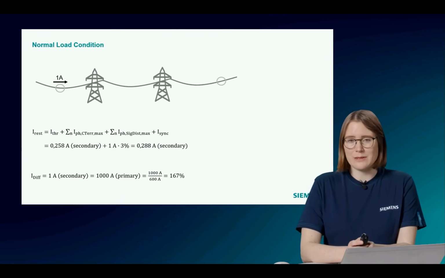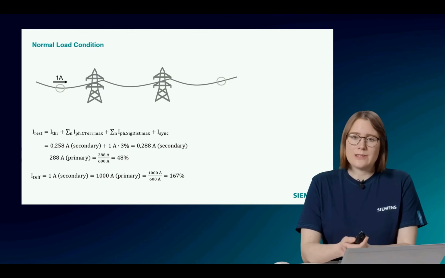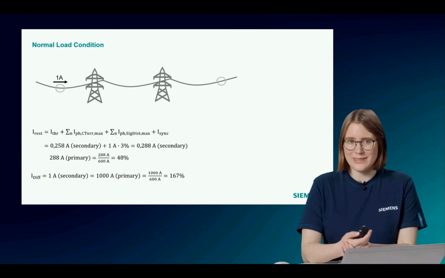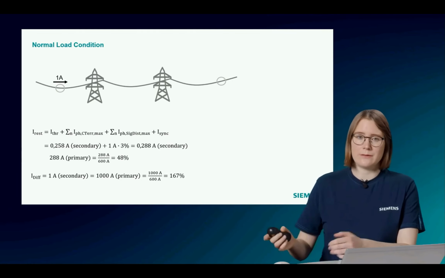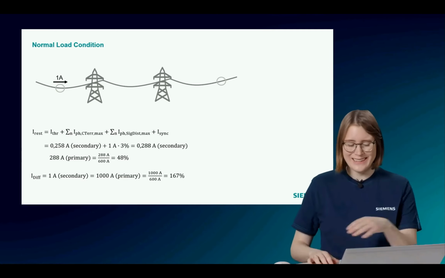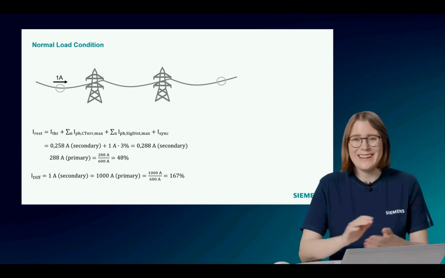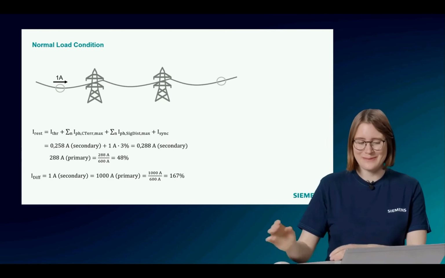And the result of the equation would be 0.288 amps secondary. Set this in relation to the nominal current, and the result is 48%. So we expect a restraint current of 48%, differential current of 167%. Okay, then I will show you this in the digital twin.